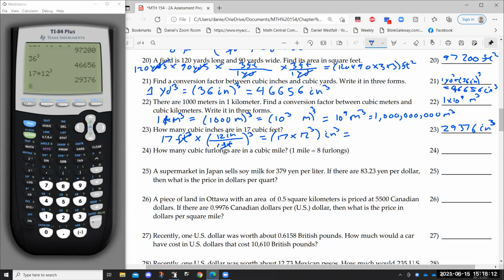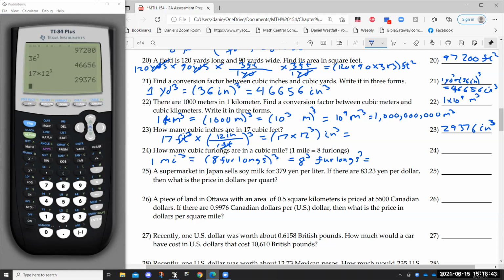How many cubic furlongs are in a cubic mile? So 1 cubic mile is equal to, and then a mile gets replaced with 8 furlongs, cubed. So that's going to be 8 cubed cubic furlongs.